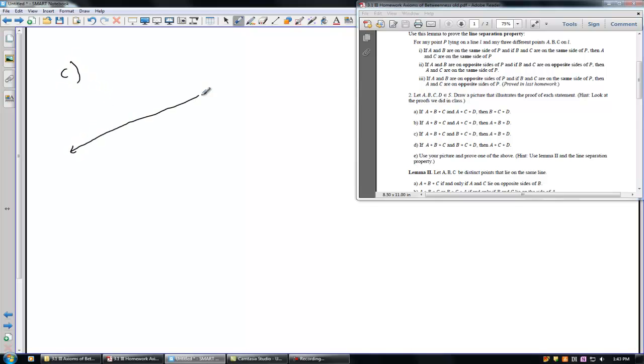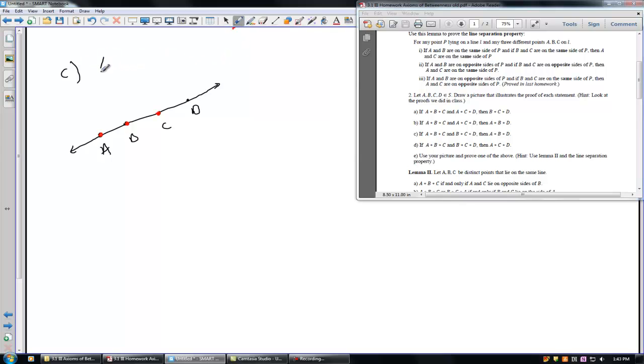Okay, so again, I have the same setup. I'm going to get these 3 points, or 4 points. And for this one, they tell me, again, A, B, C. So I have this, A, B, C. And then they also tell me, I guess we should write it up here.